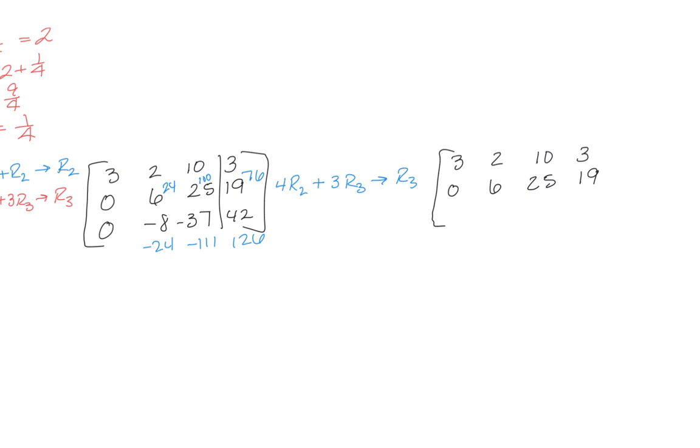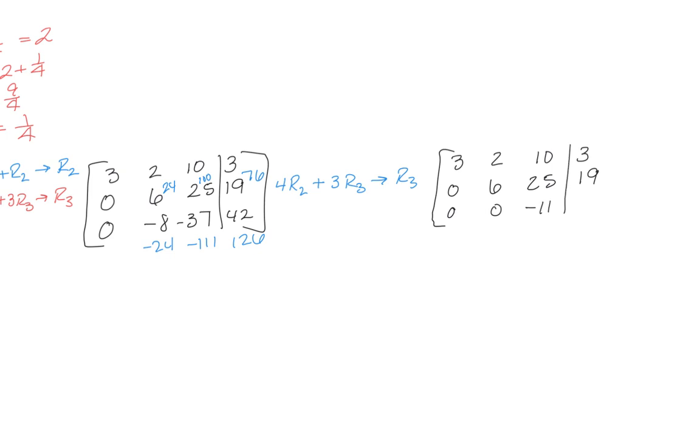So when I add these two rows, this will become 0, and this will become negative 11. I get 0, 0, and that's what I wanted, a 0 in that position. So I'm going to take 100 and subtract off 111, which gives me negative 11.